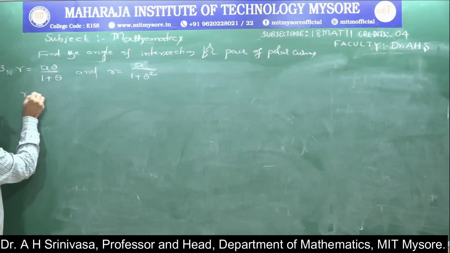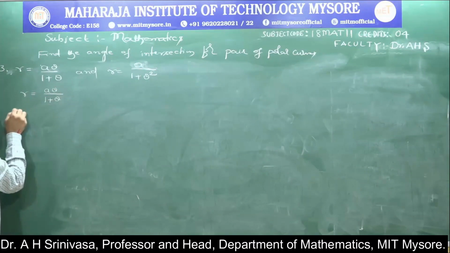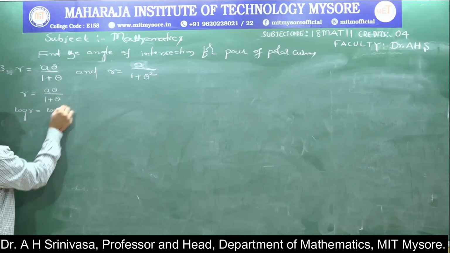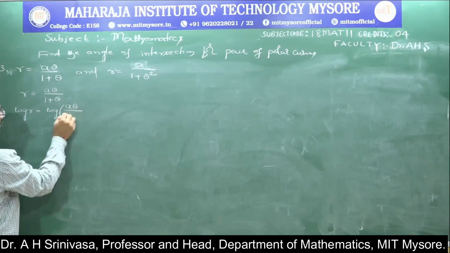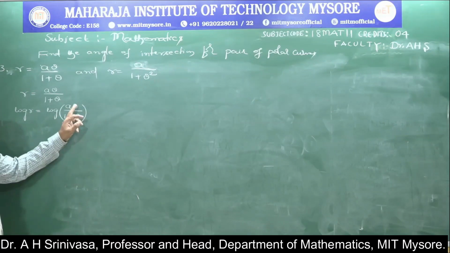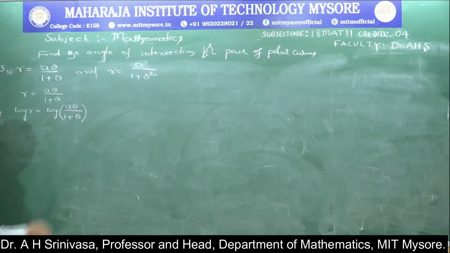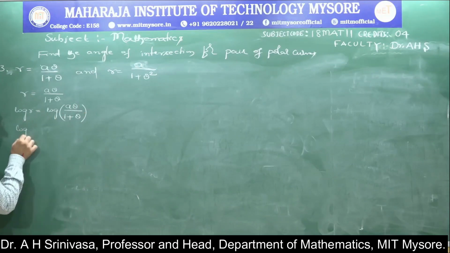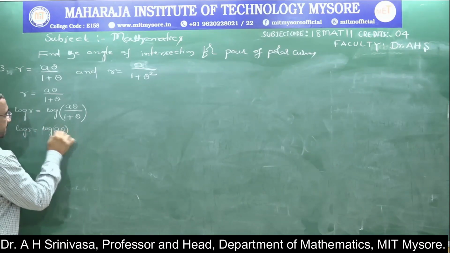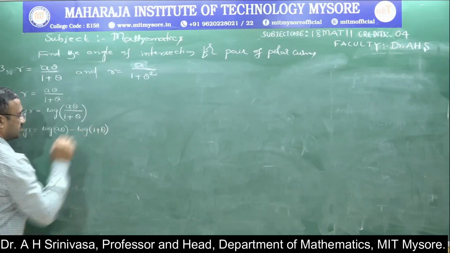Again, you are taking r equal to a theta divided by 1 plus theta, taking log on both sides. Log r equal to the logarithm of a theta divided by 1 plus theta. Now use the properties of log m by n, this is log m minus log n. Log r equal to log of a theta minus the logarithm of 1 plus theta.